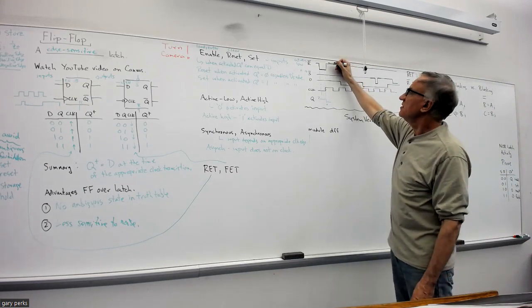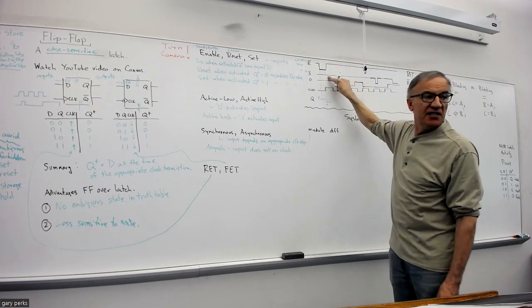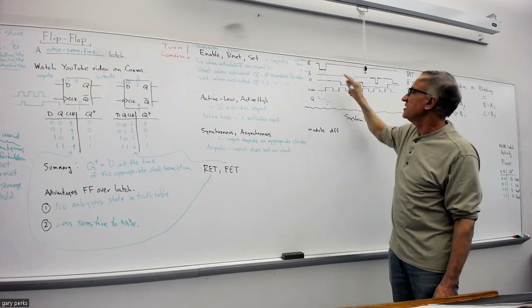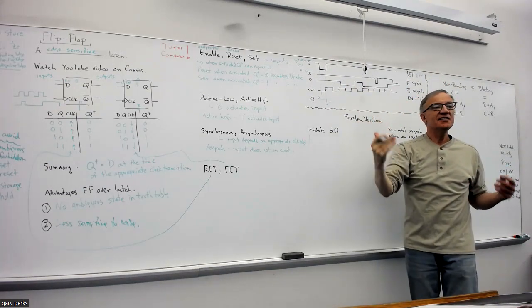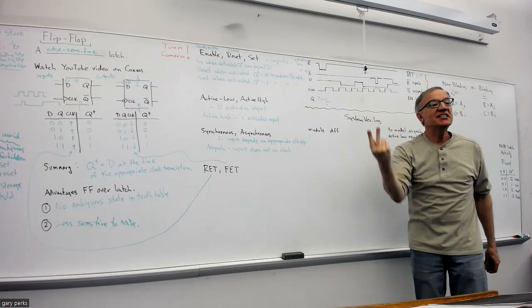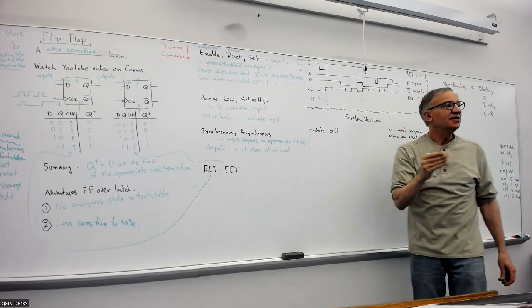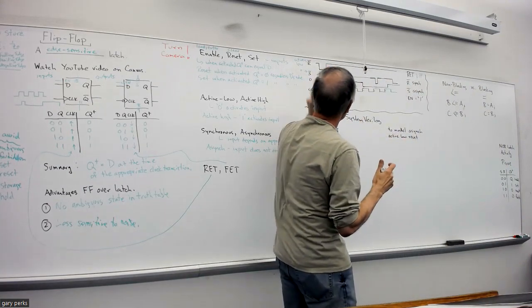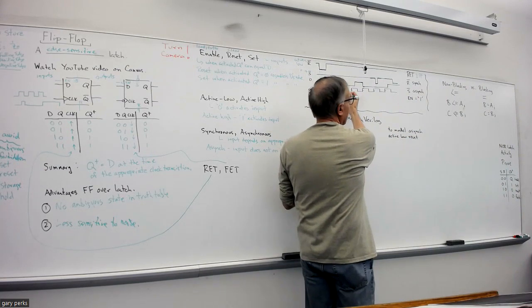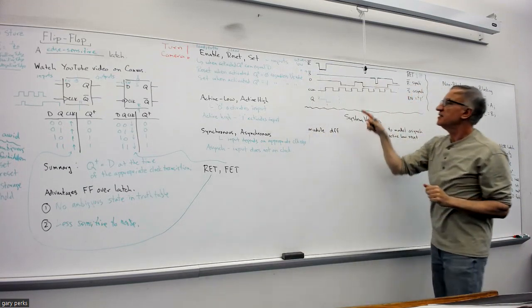So here, the active low reset goes high, so we're not resetting. Also, the active low set is high, so we're not setting. So if you're not resetting and you're not setting, then the output's going to depend on what the D value is at the time of the 0 to 1 transition of the clock. Okay, so if your reset's not activated and your set's not activated, now to get what the output is, just look at what D equals at the time of the rising edge of the clock.